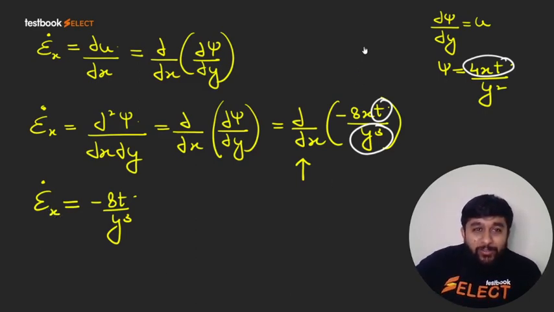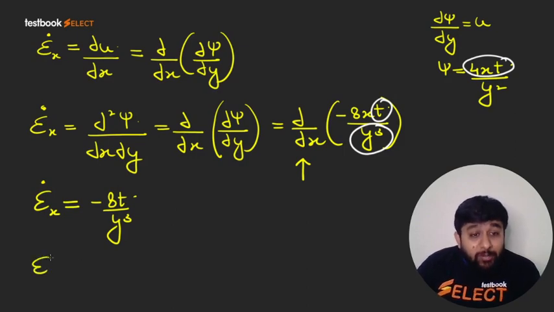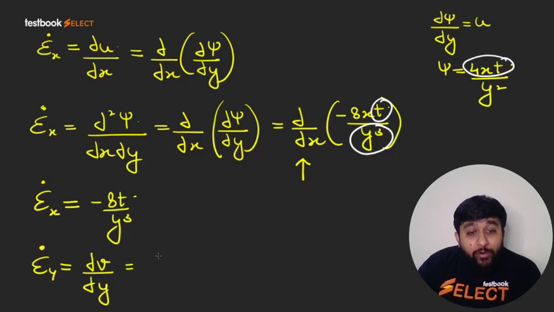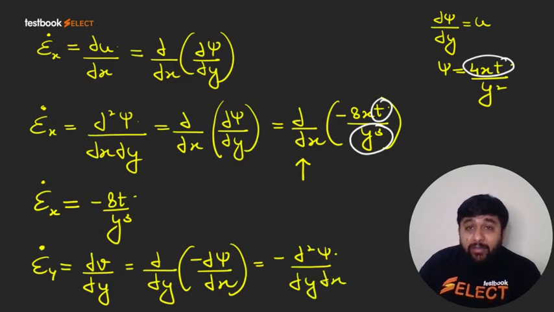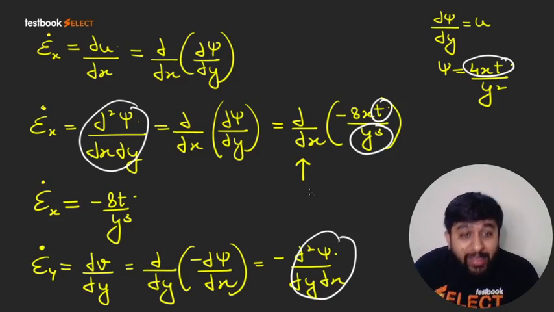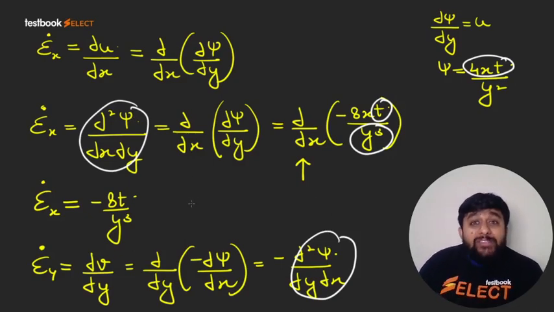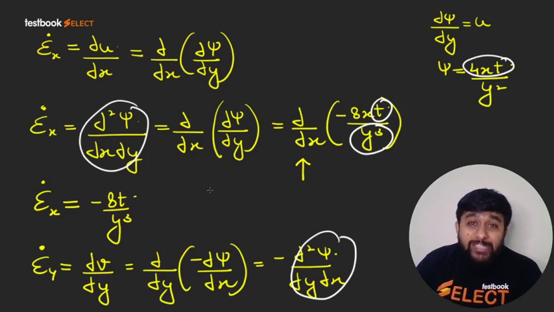Now obviously, in a similar manner, you can find out epsilon dot y. Epsilon dot y is equal to del v by del y, and therefore it is equal to del by del y of v, which is minus del psi by del x. So this will become minus del square psi by del y del x. But please note, these two are the same. Therefore, epsilon dot y is nothing but negative of epsilon dot x.